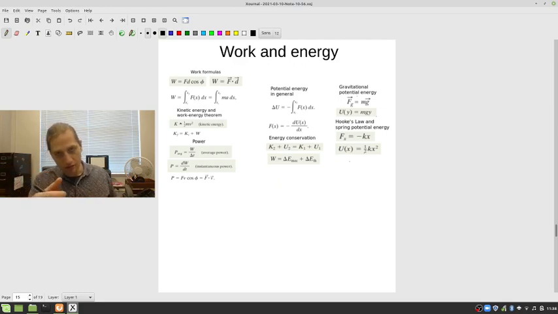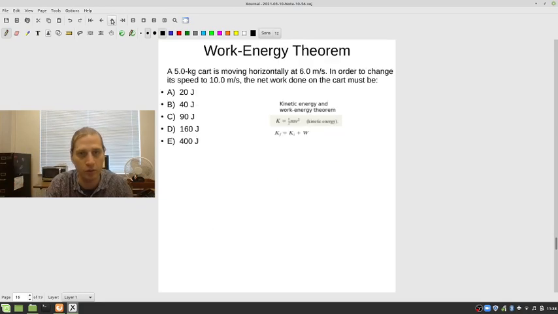The other idea that we had in this unit was the idea of energy conservation, where you add up the total amount of kinetic energy plus the total amount of potential energy and say, if we're not putting work in or out of a closed system, the objects are just going to trade their energies around, and we can use that to solve some problems in a sort of slick way.